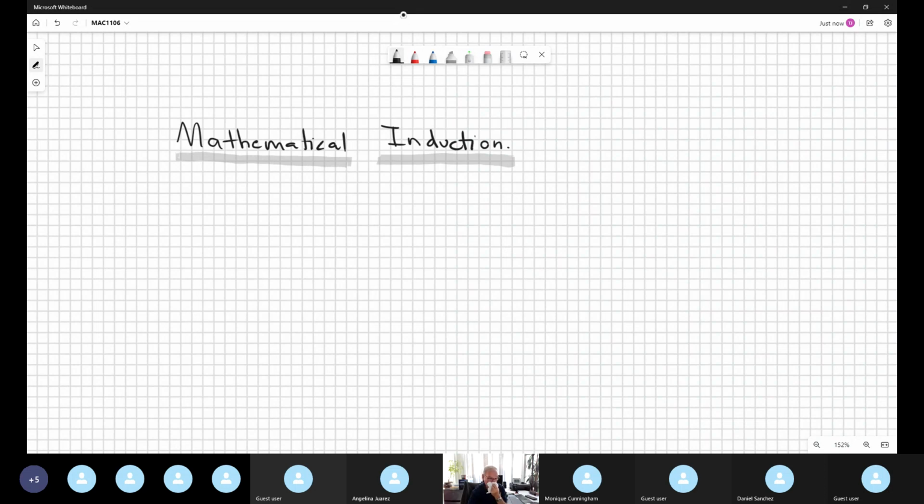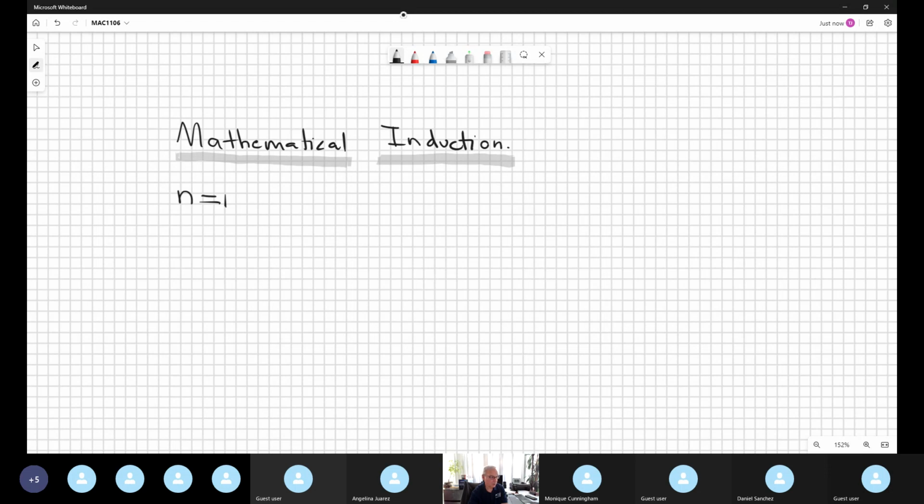What is the idea behind mathematical induction? I want to put a motivation example. And after, I want to explain the theoretical part behind mathematical induction, and then you apply the algorithm and that's it. Suppose we have n equal 1.